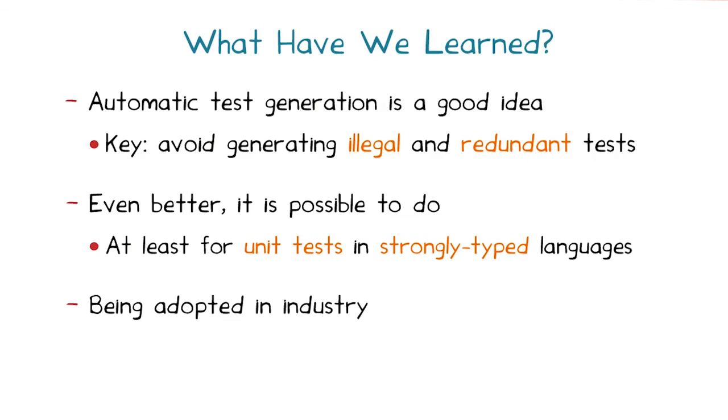Finally, automatic test generation is being adopted in industry and is likely to become widespread in future, especially in targeting specific kinds of bugs, such as security bugs or concurrency bugs, and specific classes of programs, such as mobile apps or device drivers.